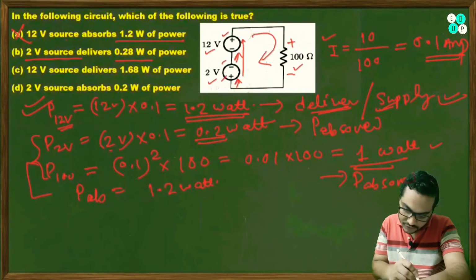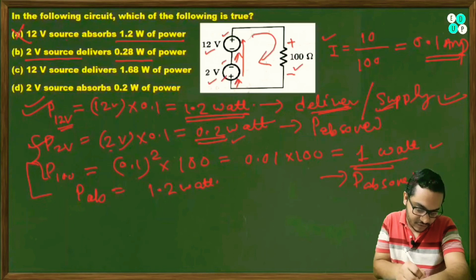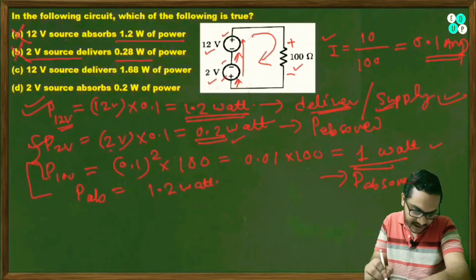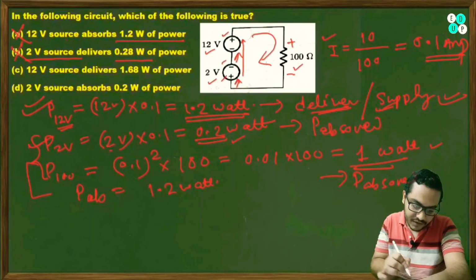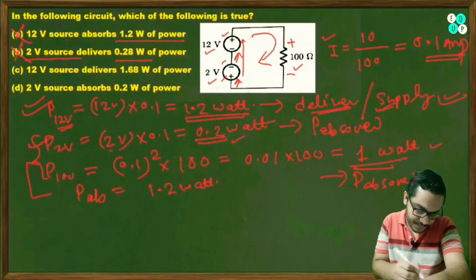But the 2 volt source is absorbing 0.2 watt power, so this is also wrong. The third option says the 12 volt source delivers 1.68 watt. But the 12 volt source is supplying 1.2 watt, so this is also wrong.